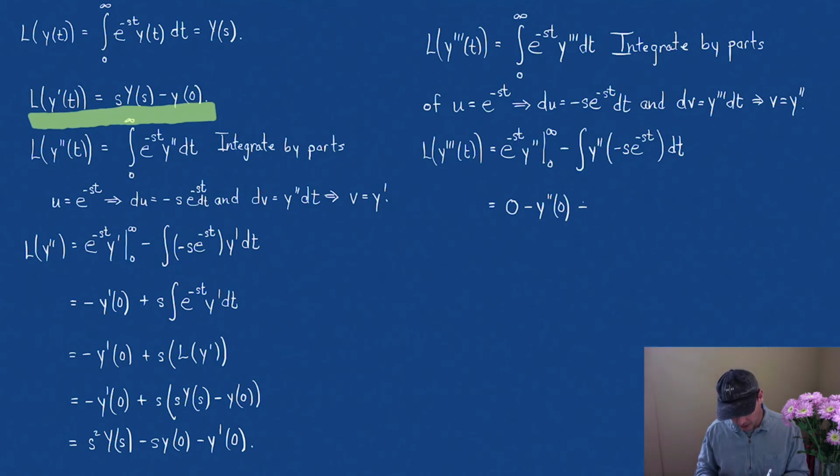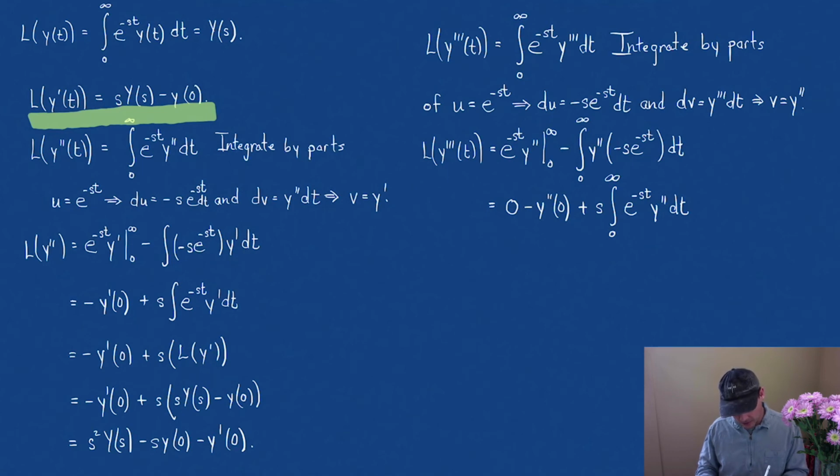And then we're going to get plus s times the integral. I should have my limits there. The integral from 0 to infinity of e to the minus st y double prime dt. Well, wait a minute. Look at what just happened.